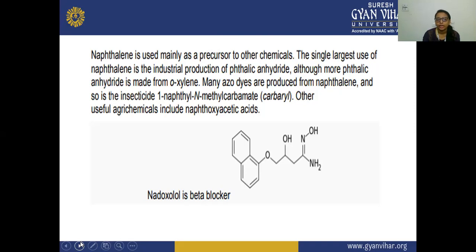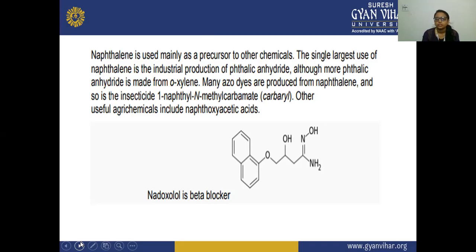Although more phthalic anhydride is made from O-xylene, many azo dyes are produced from naphthalene, and so is the insecticide 1-naphthyl N-methyl carbamate, and other useful agri-chemicals, including naphthoxyacetic acid. And nadoxolol is a beta blocker.